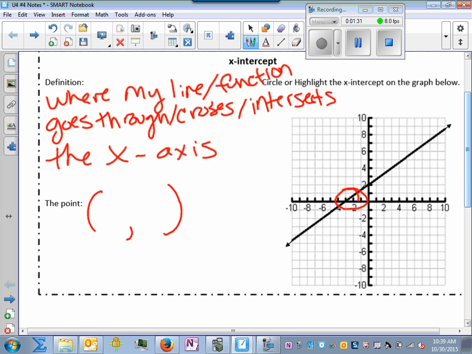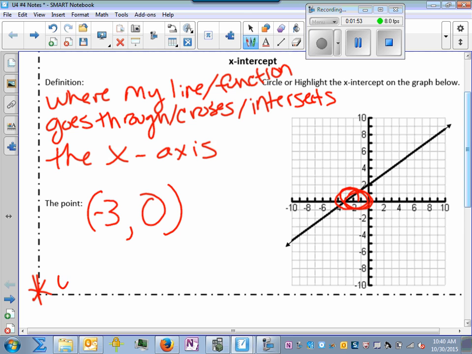Where do I list that, first or second in my ordered pair? First. Now, what is my y? Now, not where my y intersects, but what is the value of y for this dot? 0. 0. So, I want you to write this at the bottom.